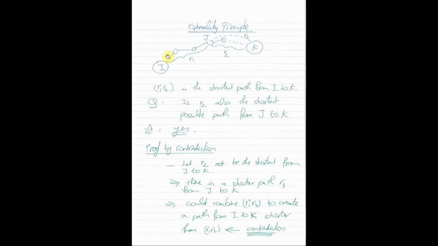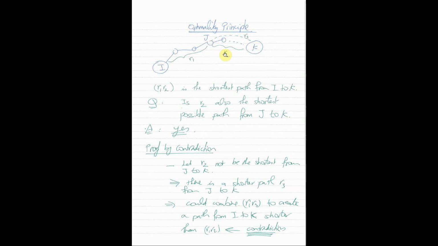Let's focus on how we do it for this question here. To simplify things again, the path shown is the shortest possible path from I to K. That path goes through some router J. So let's call the first portion of the path from I to J R1, and the second portion of the path from J to K R2.